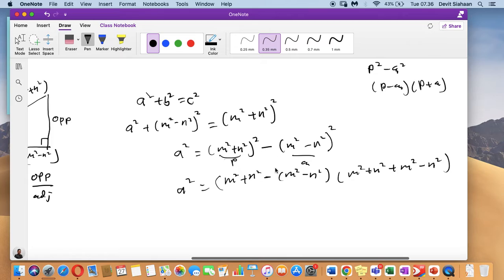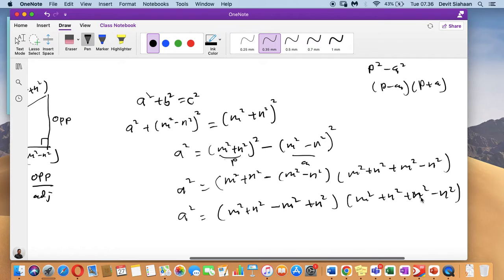Then this one we expand first, since we have a negative. So a square equals m square plus n square minus m square plus n square, times m square plus n square plus m square minus n square. Here the m square cancels out, giving 2n square. In the other, the n square cancels out, giving m square plus m square, which is 2m square.